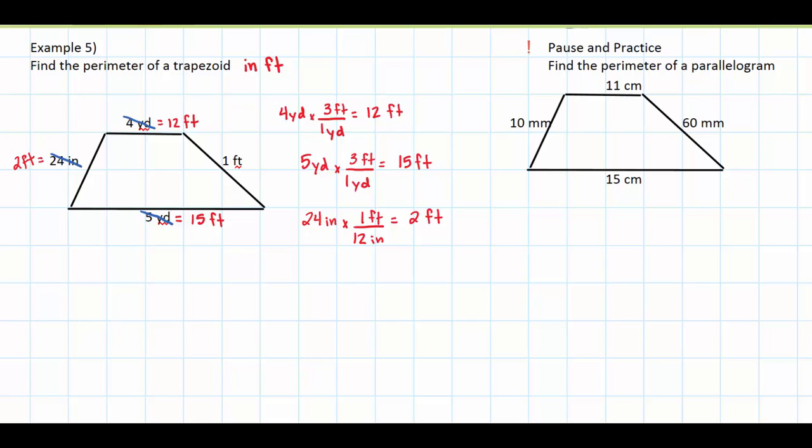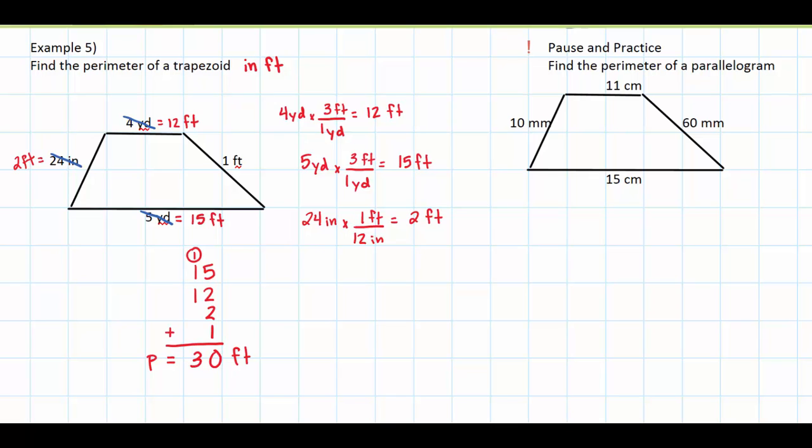Now we just add up all the sides. 5 plus 2 is 7, 7 plus 2 is 9, 9 plus 1 is 10. Regroup our 1, 30 feet. The perimeter of this trapezoid is 30 feet.